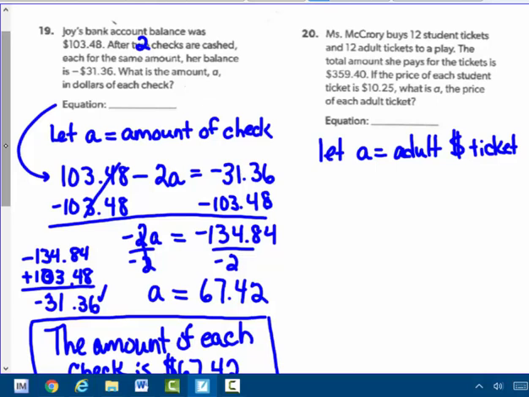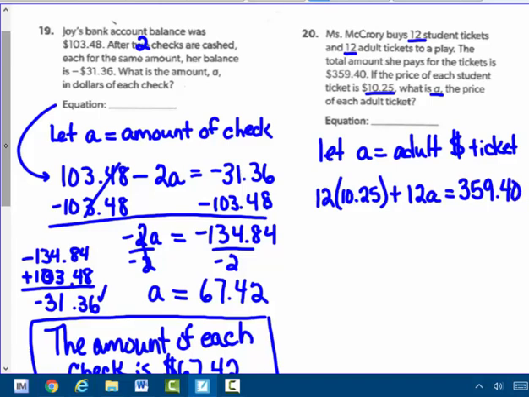And what information do I have? Each student ticket is $10.25, and she buys 12 of these. So 12 times that 10.25 plus 12 adults, 12 A's, gives us a total of 359.40.